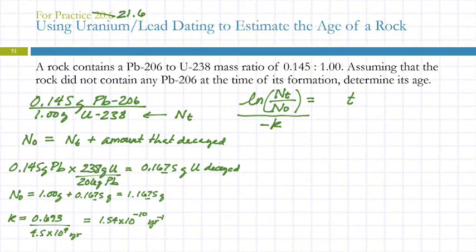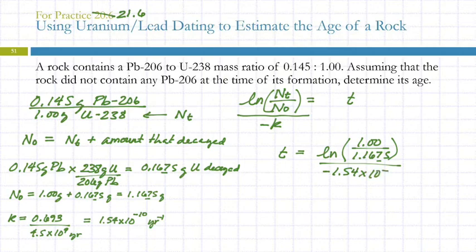So T will equal the natural log of 1 over 1.1675 divided by negative 1.54 times 10 to the minus 10 per year.